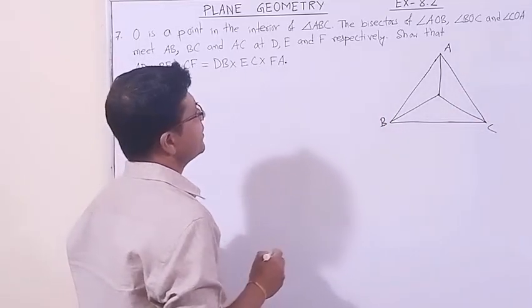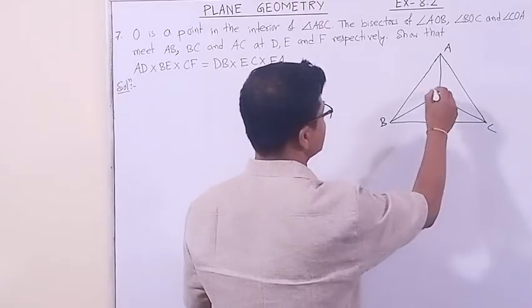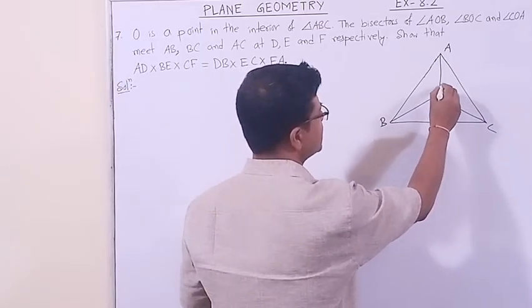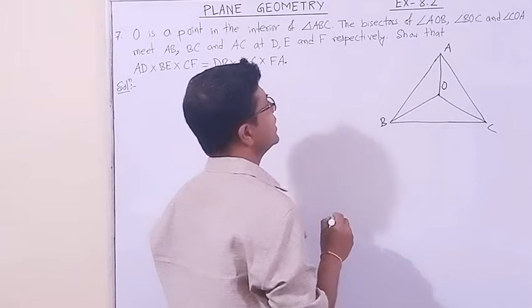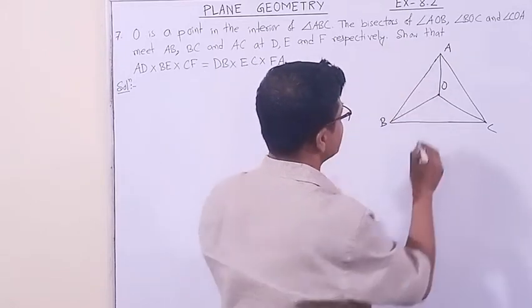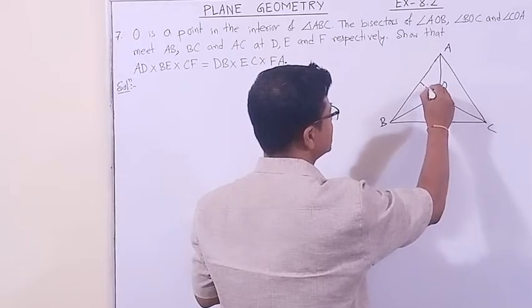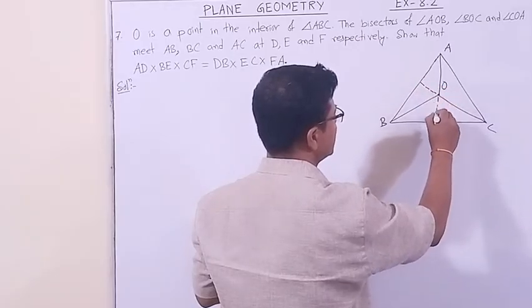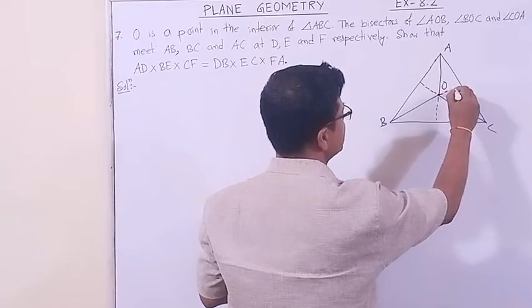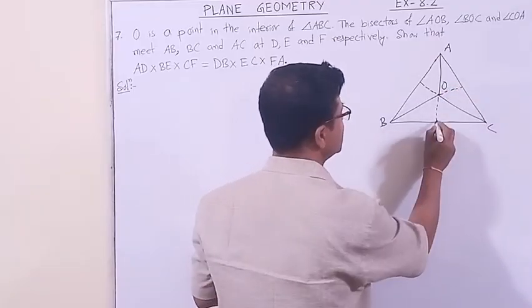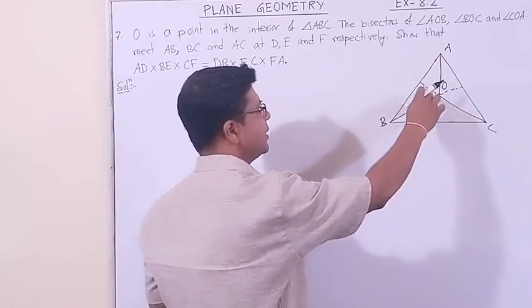Then the bisectors of angle AOB. This is the angle AOB. Suppose this is O here. Now the bisector of angle AOB, it is bisected somewhere here. Let us draw it by dotted line. All the bisectors we have drawn by dotted line, so that we can easily distinguish that these are the bisecting lines.